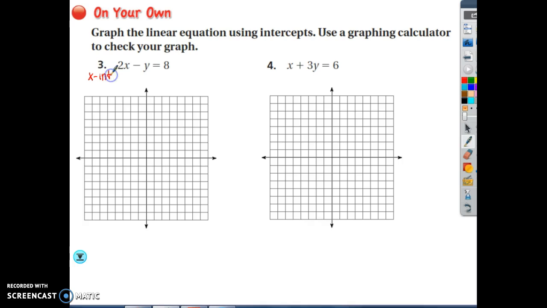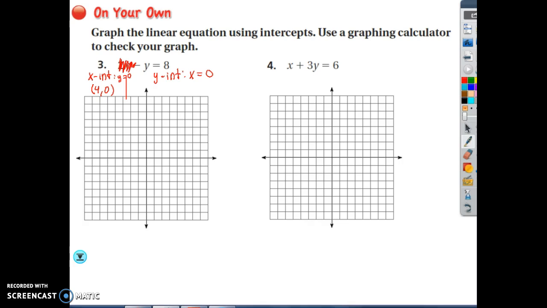For the x-intercept, when I let y equal 0, again, the y goes away, and I'm left with 2x equaling 8, which means that x would equal 4 when y is 0. For the y-intercept, I'm going to let x equal 0, which means that that 2x term goes away. But be careful here because the negative is still attached to the y.